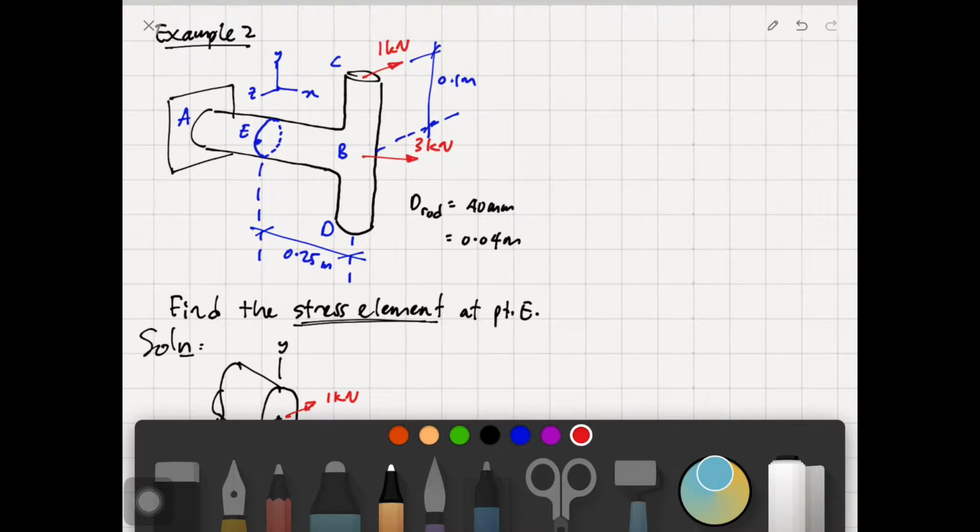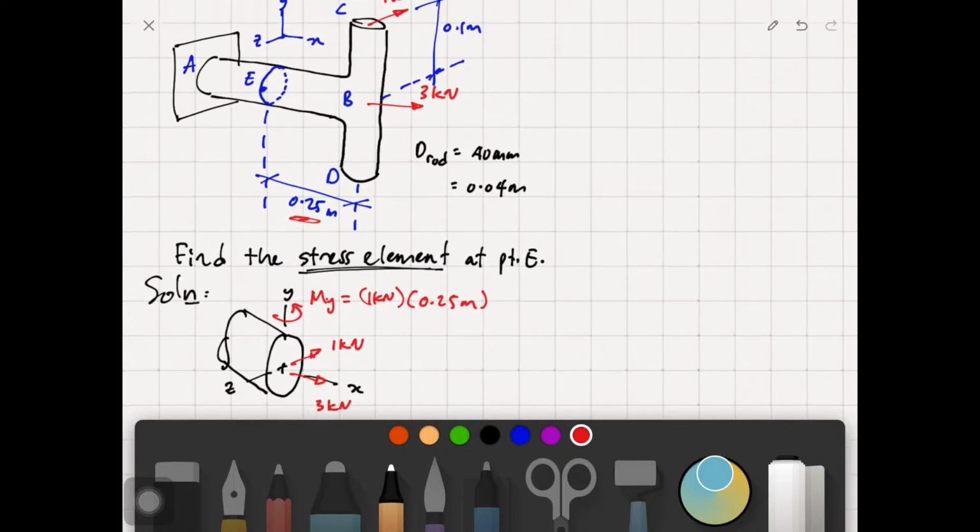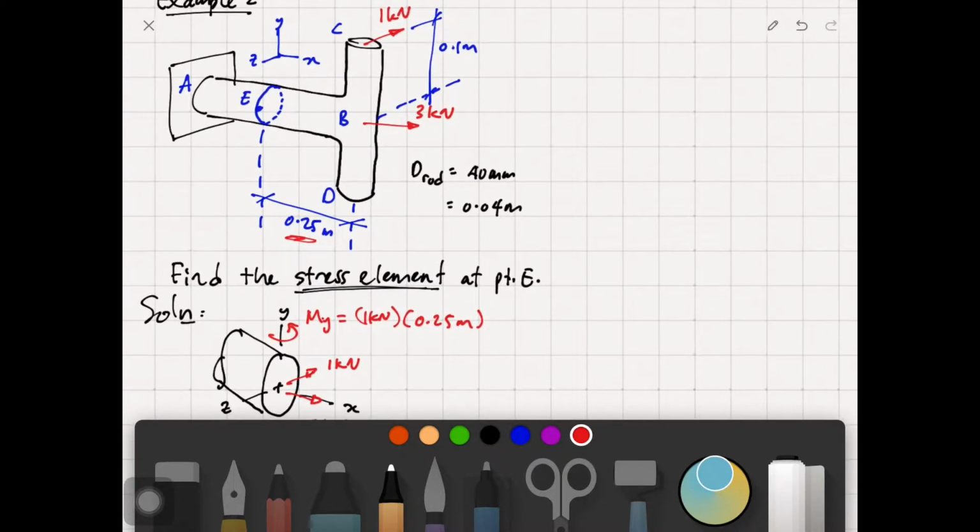If you can see, I'm going to show this diagram again. Looking at the 1 kilonewton and the distance of 0.25, it's going to make it rotate in that direction, and I'm going to redraw that as a free body diagram right here as this arrow. We have moment y, which is equivalent to 1 kilonewton times the distance of 0.25 meter. And we have another 1 kilonewton with a distance of 0.1 meter.